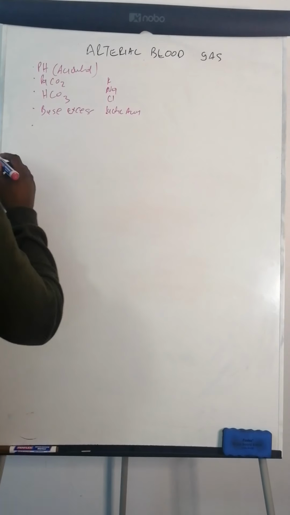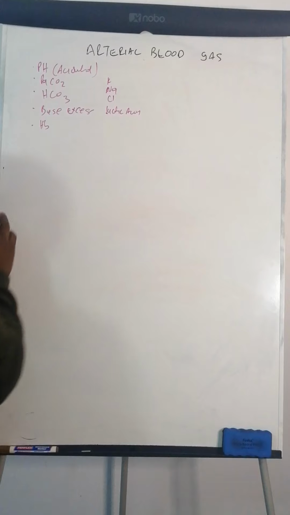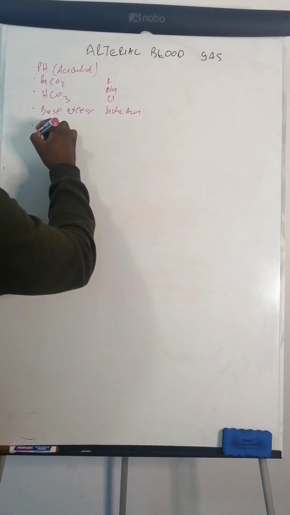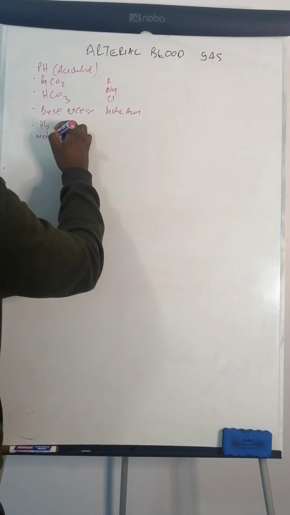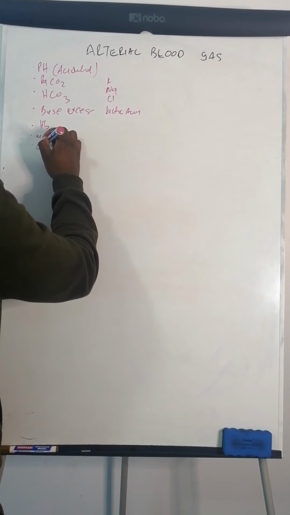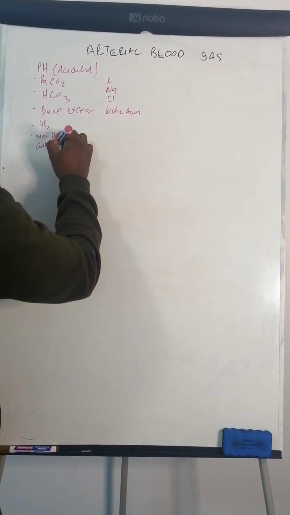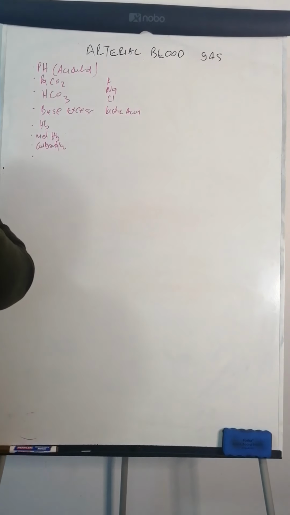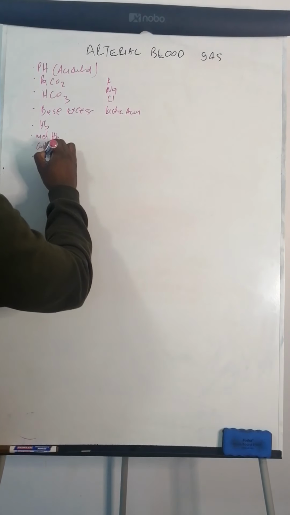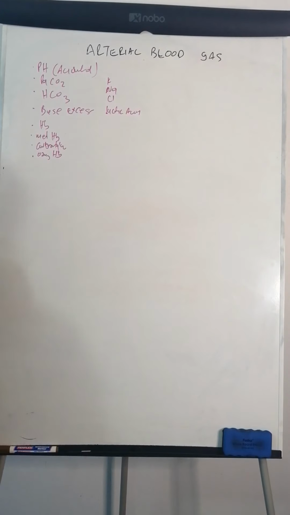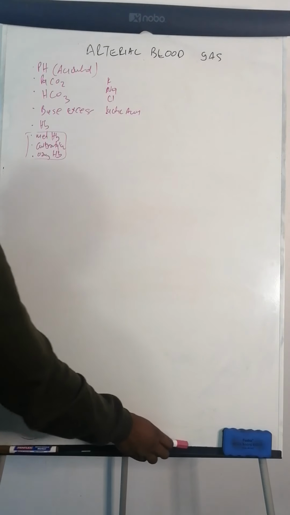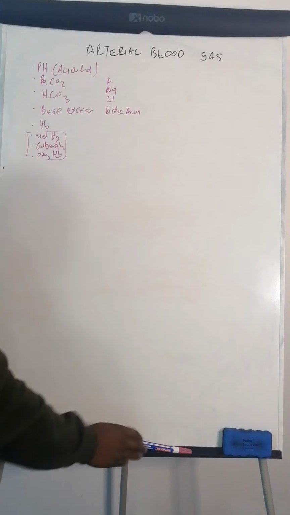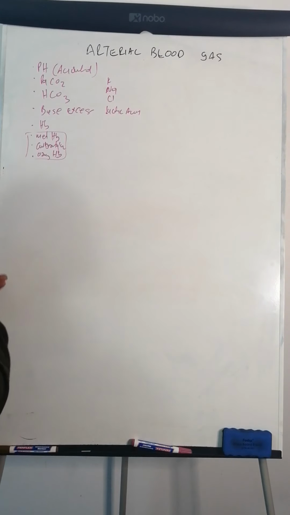It also looks at Hb and other types of Hb. Some machines also do methemoglobin, carboxyhemoglobin, and also oxyhemoglobin. So these are the things that the machine looks at, and there are other things as well, like PF ratios, but the most common things are these ones.